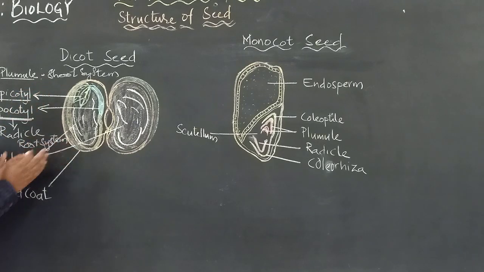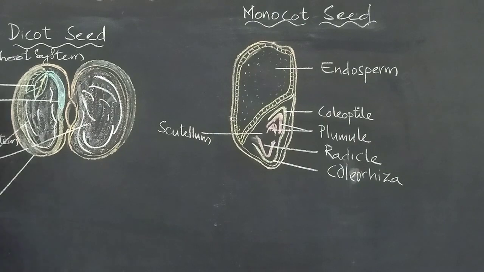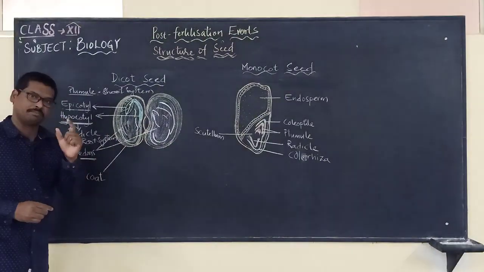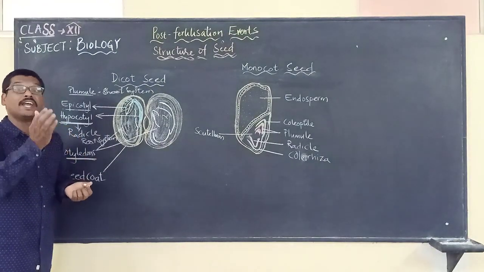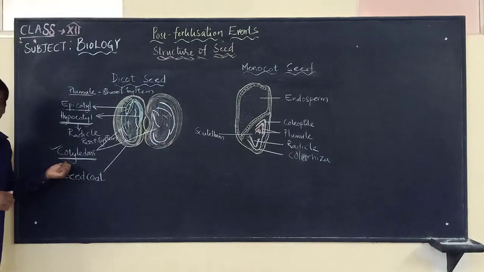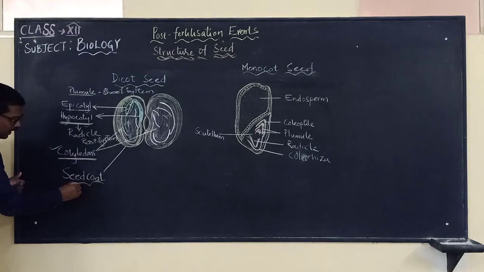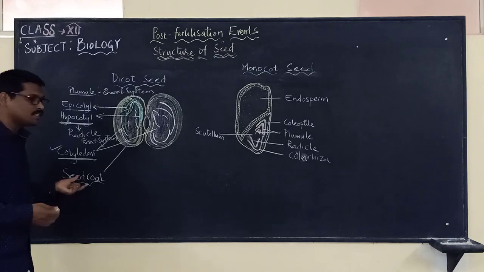Here we are seeing very clearly the cotyledons. How are these cotyledons formed? Please remember that they are formed from the absorbed food from the endosperm. And overall, this seed is completely enclosed in the seed coat.